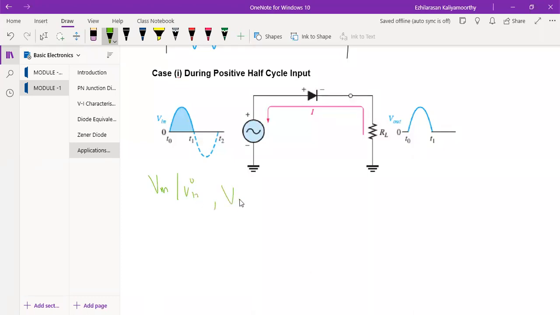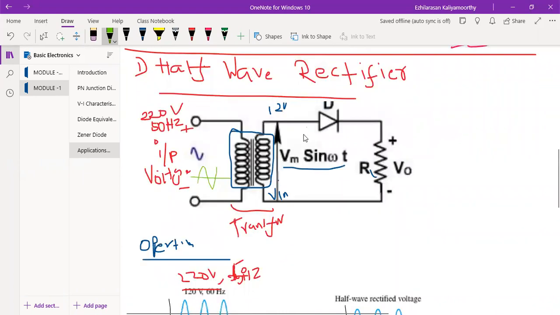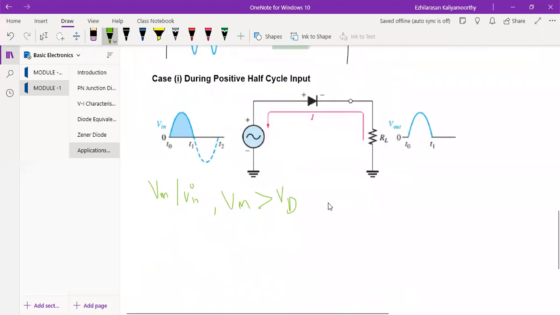The Vm is greater than VD, the voltage across the diode, because this is plus and this is minus, this is VD. The diode will be turned on when the input voltage is greater than VD. It means the P side is connected to positive and the N side to negative, so this is forward bias.